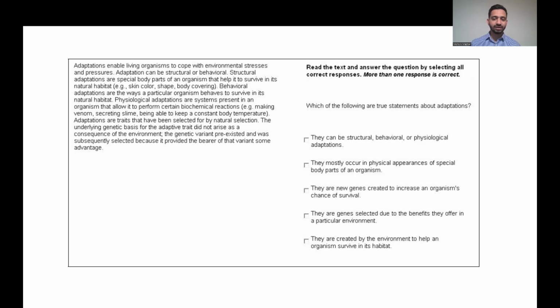They're not created by the environment. It says it did not arise as a consequence of the environment. The genetic code pre-existed and was subsequently selected. They were selected. They were not created by the environment. So it's contradictory information, and we can eliminate 5. I will stick with 1 very strongly, and I will stick with number 4.